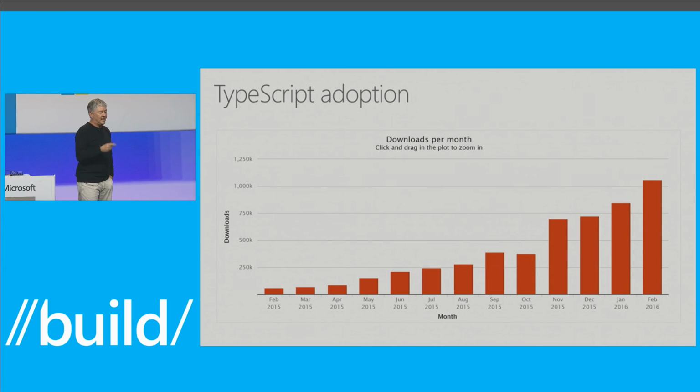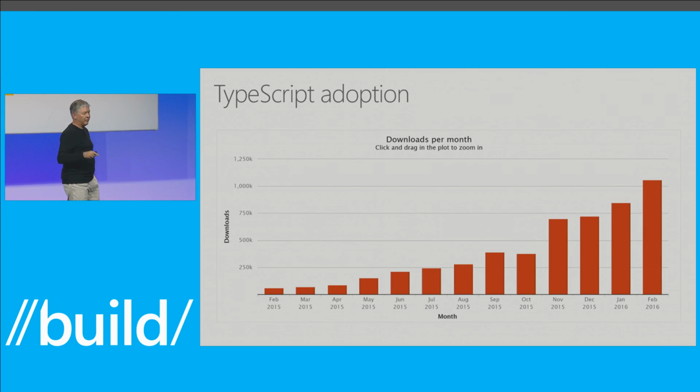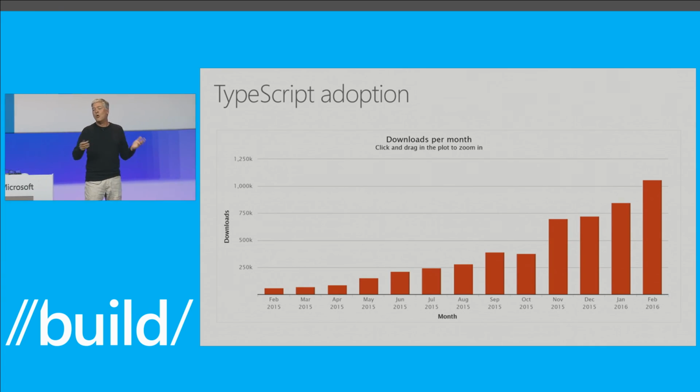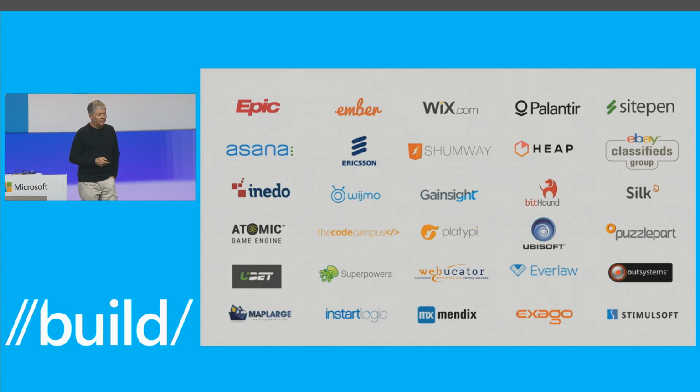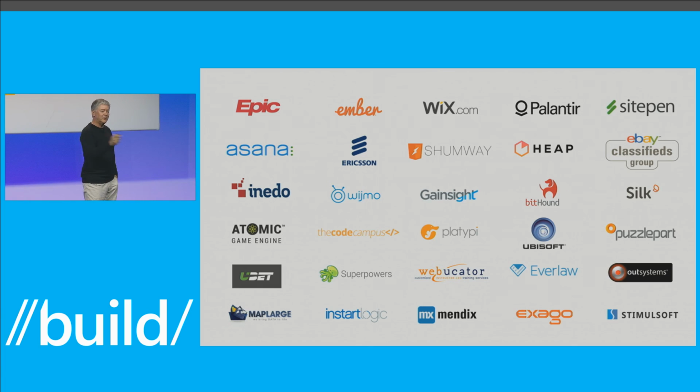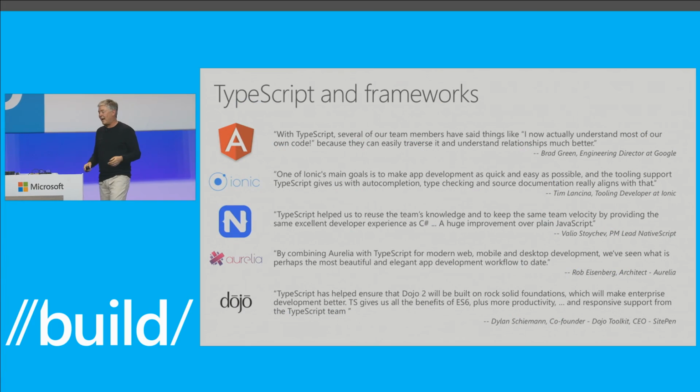Just last month we went over 1 million downloads per month on NPM. Now, of course, these are not individual users. This is a lot of auto-provisioned stuff, but nonetheless, there's enormous traction in the community. Lots of people, lots of friends of TypeScript, and if you're a friend of TypeScript, go add your logo to the page, please.